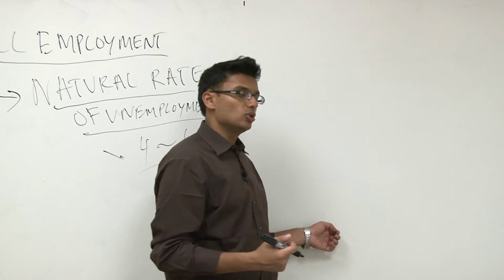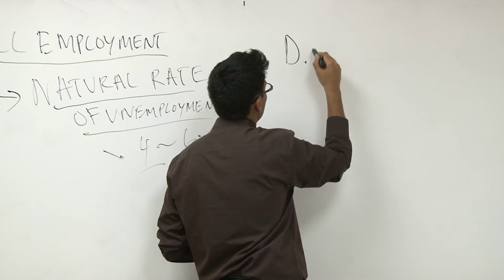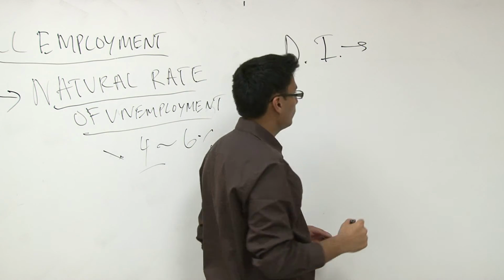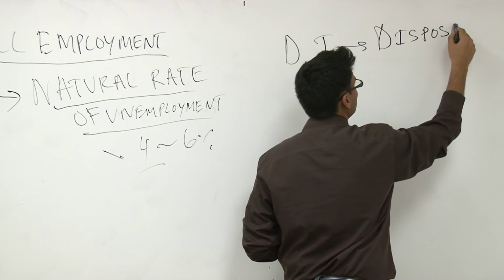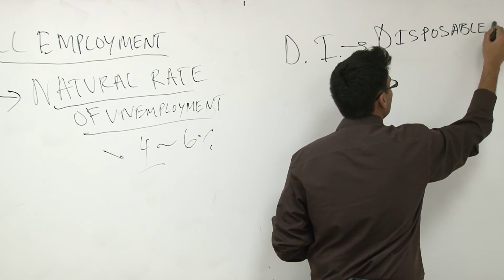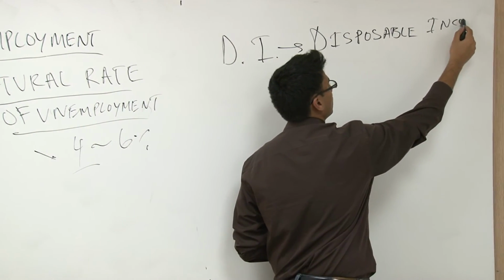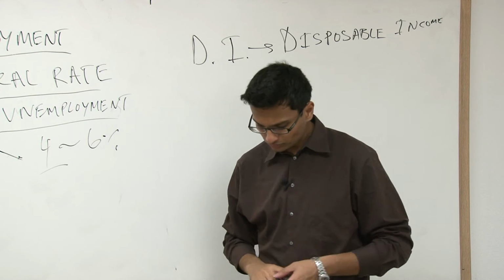So what happens is you have a thing called disposable income. So disposable income, or DI, right? Okay, I'll write it down right now. Disposable income. Let me turn around this way so you can see the board.